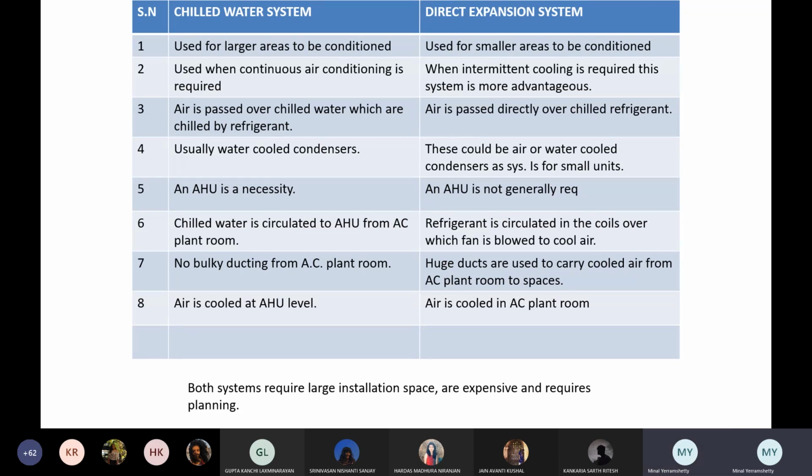So an AHU is a necessity in a chilled water system. Direct expansion mein AHU is not generally required. Now why am I using this word, not generally required? Ideally मैंने बोला not required. Suppose, just suppose you have a basement and you have an Audi. Now भगवान ना करे आपका Audi बहुत दूर आपने प्लान किया है.